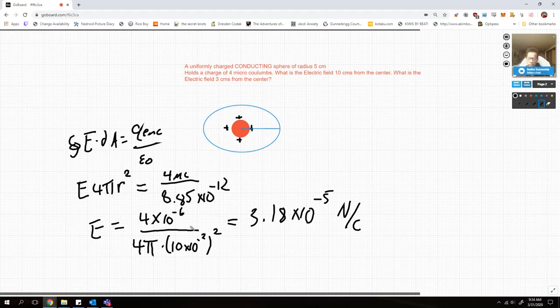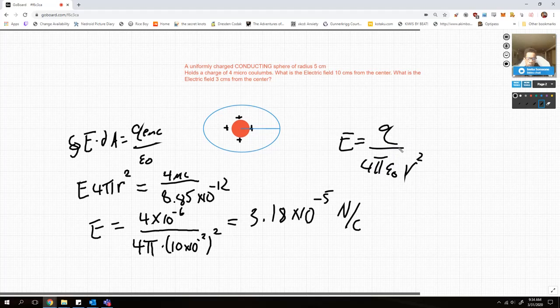So something I want to point out here is this equation. If I just wrote this in terms of just variables, I would get E equals Q over 4 pi epsilon naught r squared.